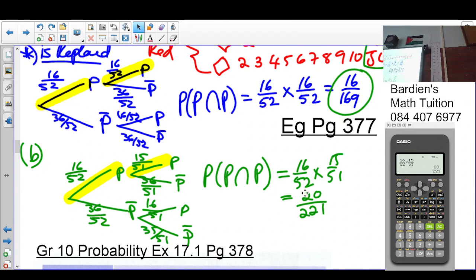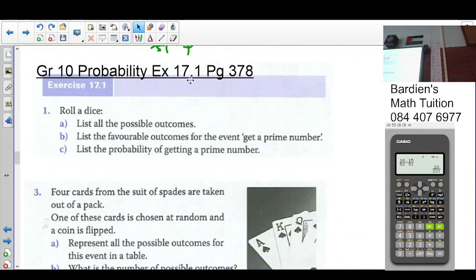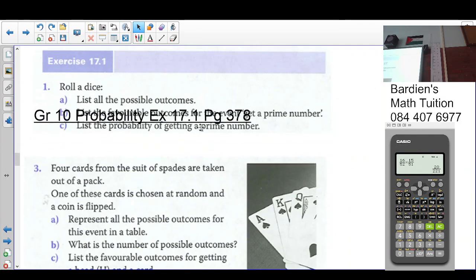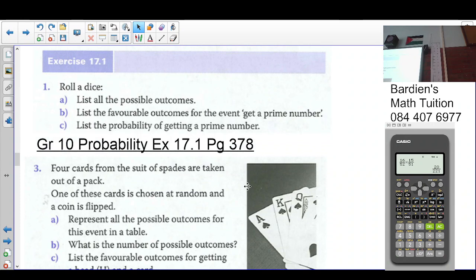Does everybody understand? Is there any confusion? No. Okay, so for homework, it is Exercise 17.1.